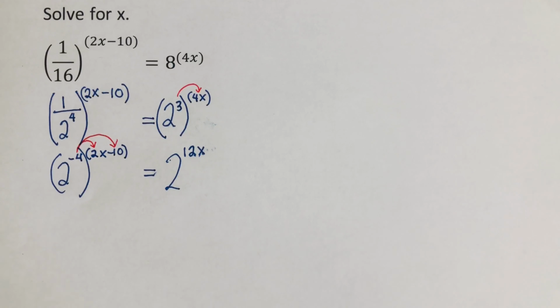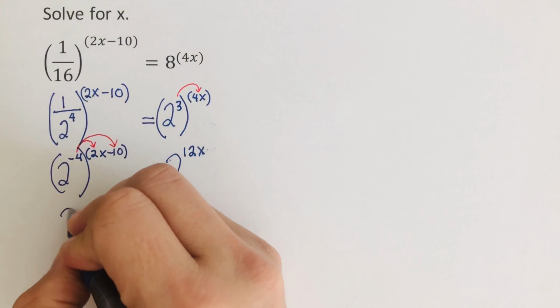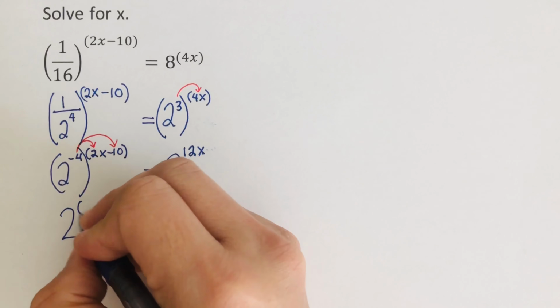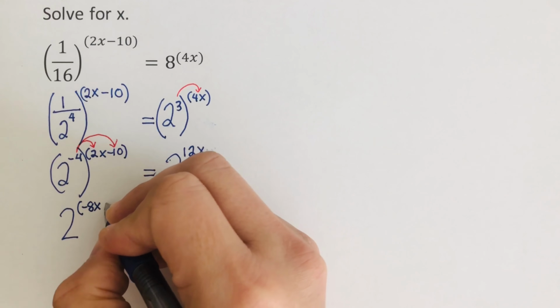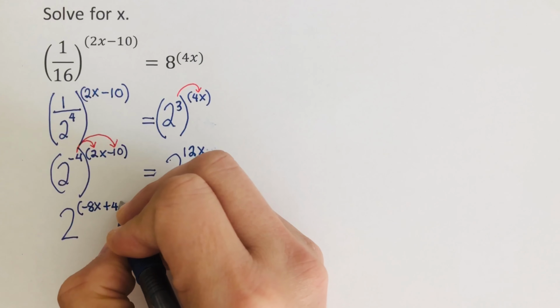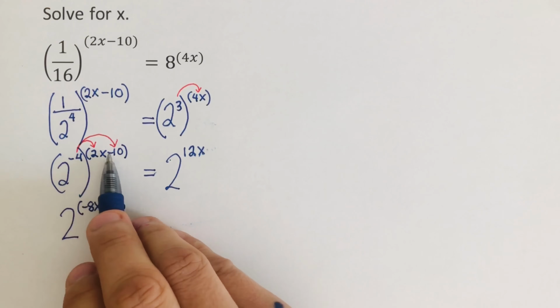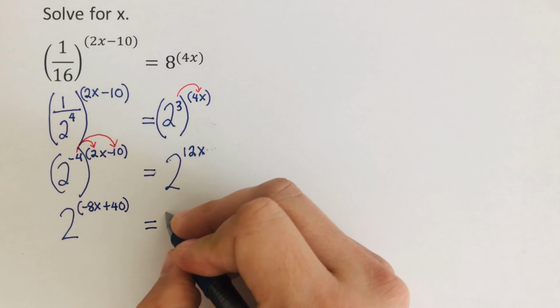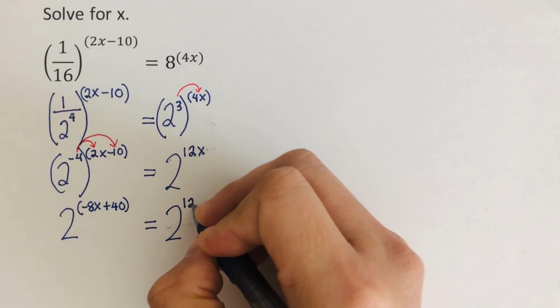So it has to be both of them. This would come out 2 to the power negative 4 times 2x is negative 8x plus 40, because negative 4 times negative 10 is a positive 40. And that is equal to 2 to the power 12x.